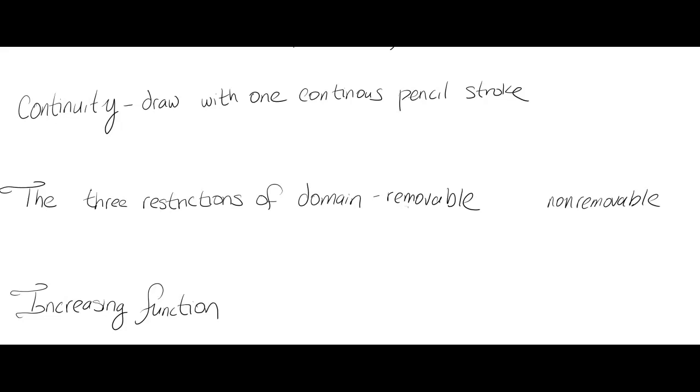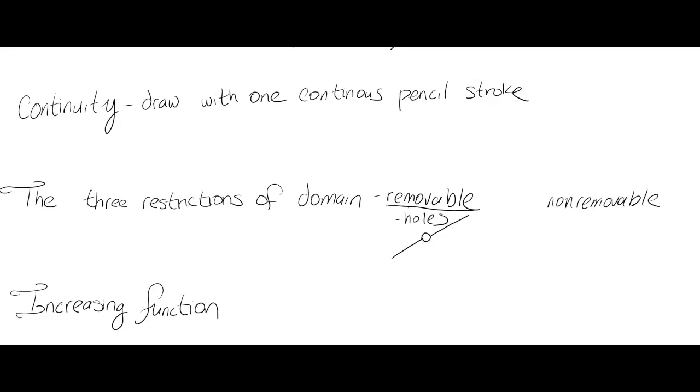So removable is just going to be listed under holes, which we will talk about later. So what that looks like is basically when we have some graph going along, all of a sudden there's this one value that just doesn't work out. And then the graph just continues. Well, that's cool.